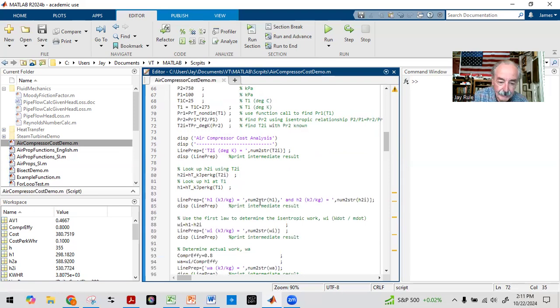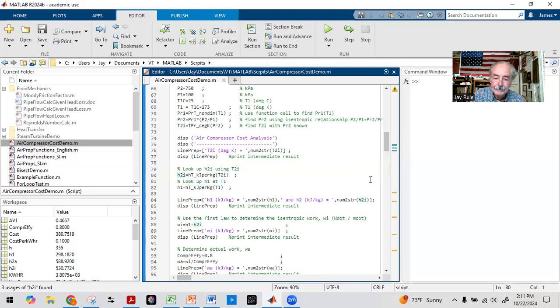Okay, so I'm making some progress. So I found T2 isentropic. The next thing I'm going to do is apply the first law for the isentropic process. So I need H2 isentropic. I just found T2I, so I'm going to use another function call, HT, in kilojoules per kilogram, with the input of T2 isentropic, and I'm going to assign that function call to the variable H2I.